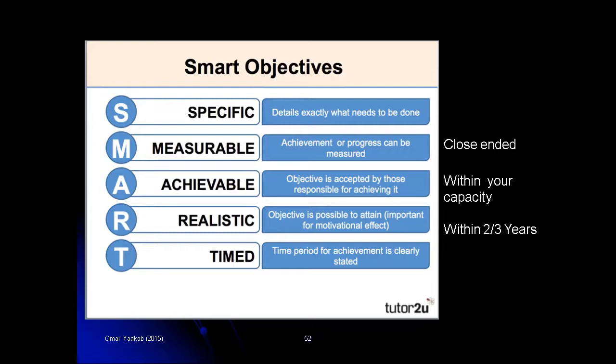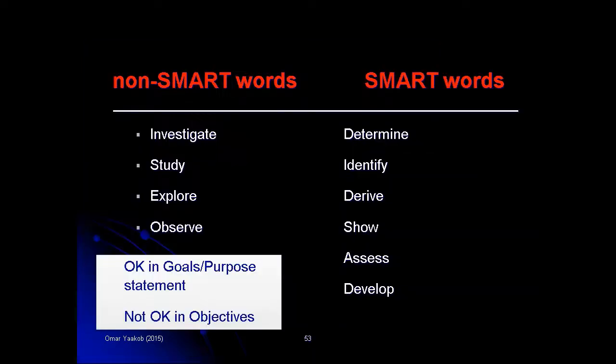That is clearly within time. That means if you are doing masters, for example, do not make too many objectives or too big an objective that we feel that you are not going to be able to achieve within 2 years. Yeah, so make sure that it is specific, it is measurable, it's something that you can achieve within the time. Yeah, it is realistic as well.